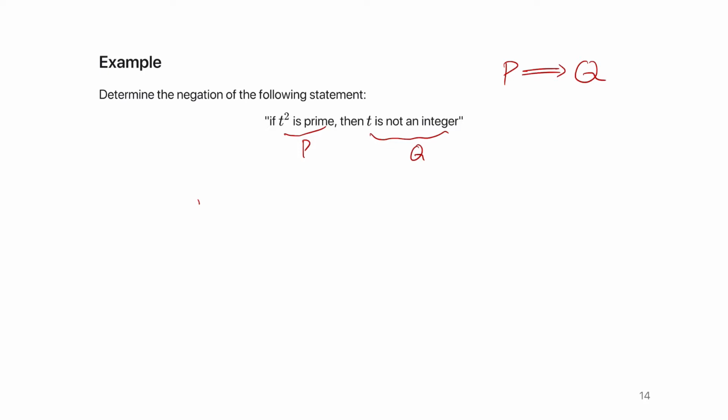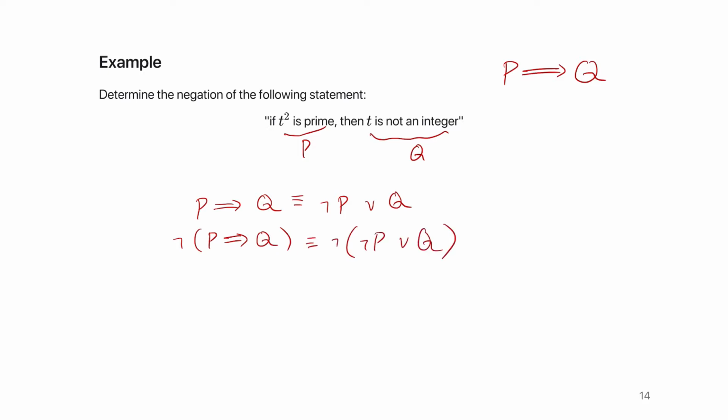We know that P implies Q is the same as not P or Q. What we want to do is find the negation of this. So the negation of P implies Q is the same as the negation of not P or Q. Is that clear? And when we take the negation of an or, we switch it to an and and take the negation of the individual pieces.